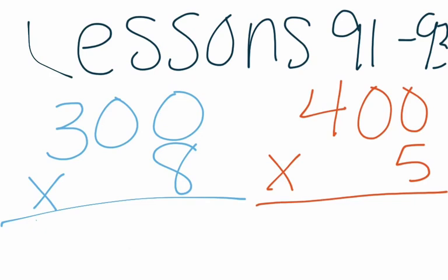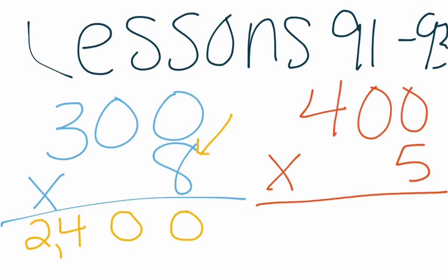I'm going to answer the blue question first. Again, every number has to be multiplied by this 8. 0 times 8 is 0, 0 times 8 is 0, 3 times 8 is 24, making our answer 2,400. Awesome.